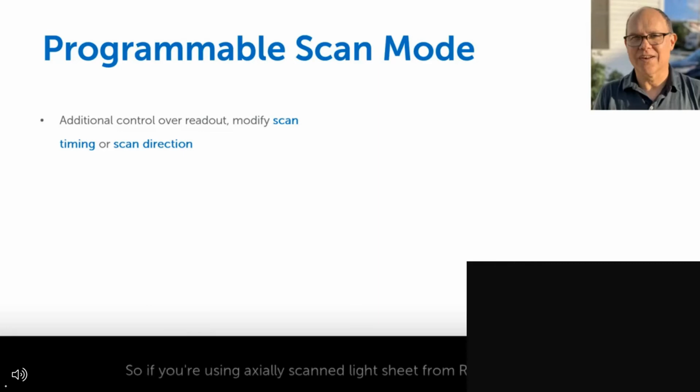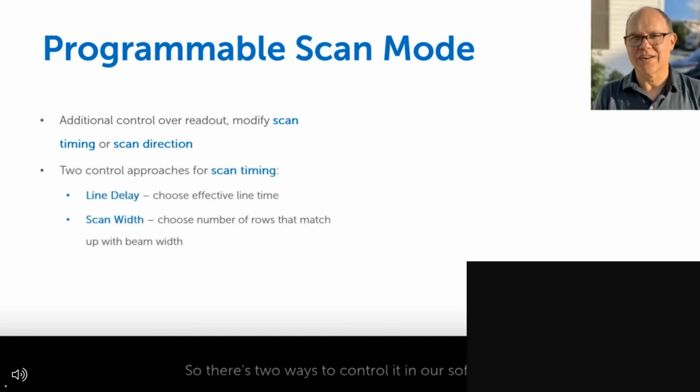So if you're using actually scanned light sheet from Reto Fiolka's lab, or a scanning pencil beam, or scanning 2-photon or Bessel beam to create your sheet, programmable scan mode is very helpful to throw away that out of focus scattered light. So there are two ways to control it in our software.